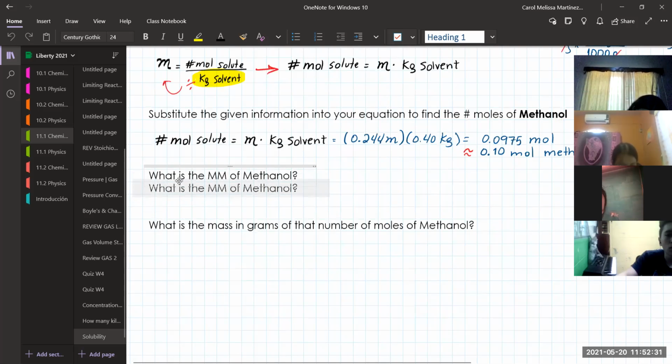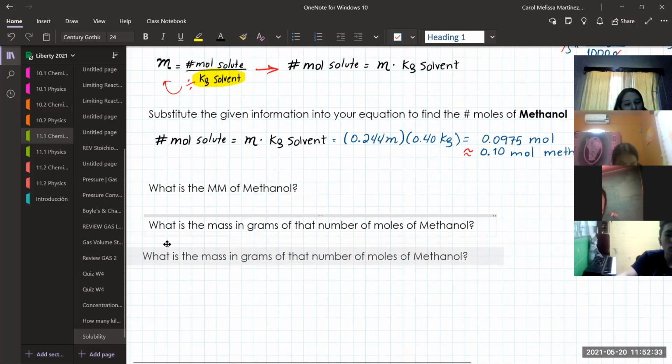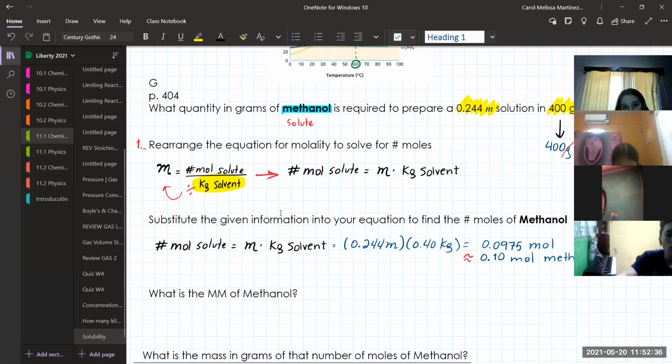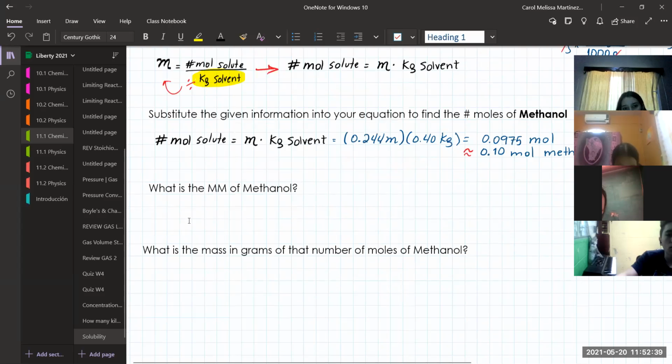And then the problem says, what is the molar mass of methanol? So methanol has a formula that is given in the problem, and it is CH3OH. So the molar mass is 1 carbon, 4 hydrogens, because you have 3 hydrogens here and 1 over there makes 4, and you have 1 oxygen.